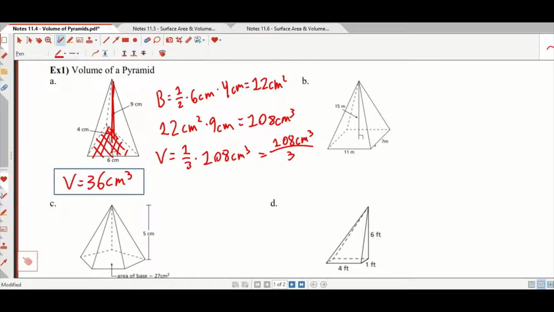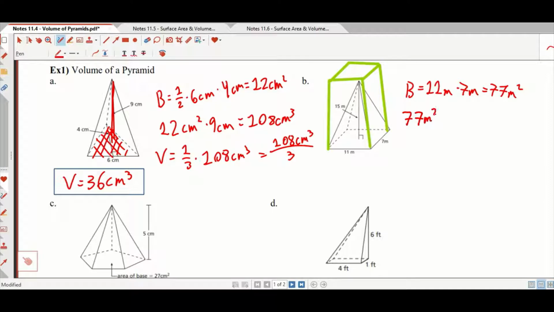Okay. This one, same story. We could imagine finding the volume of the prism that fits around it, like that. That is way too tall, but what are you going to do? And the pyramid is going to take up 1/3 of that. So we're going to take the area of the base, which is 11 meters times 7 meters, which is 77 meters squared, and multiply it by the height, which is 15 meters.